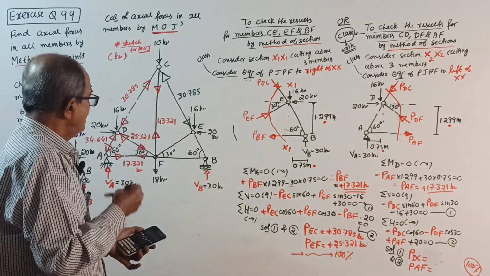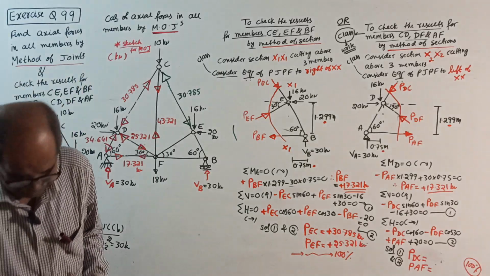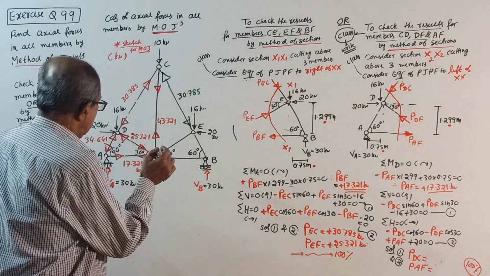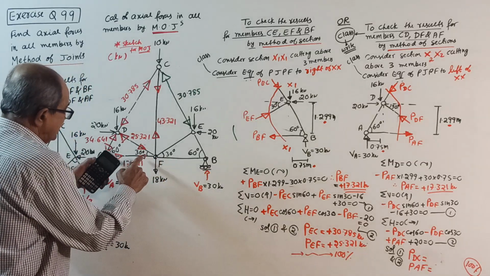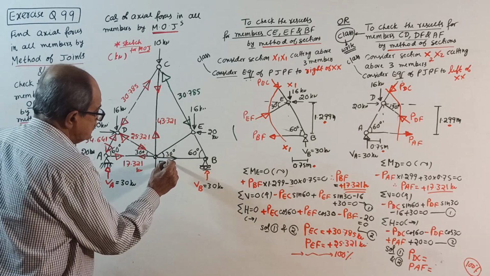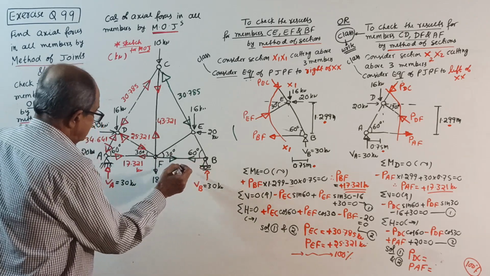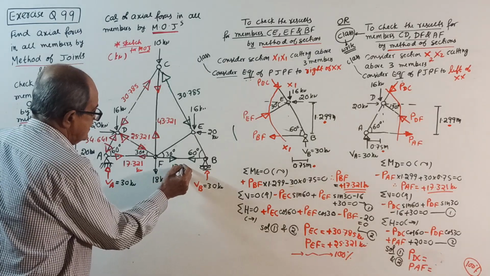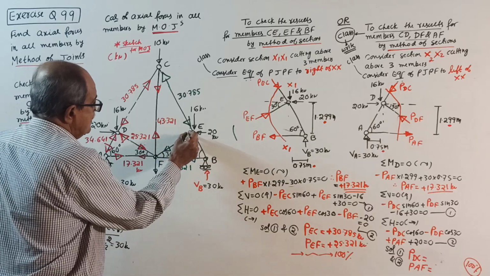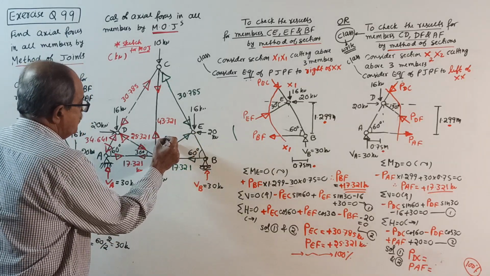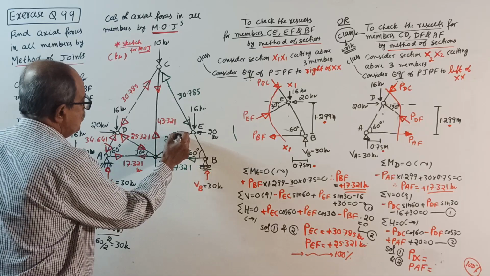Now do one thing. Using symmetry, write the answer. Green color. Whatever here, same here. See, same nature. This is in tension. This also in tension. 17.321. This way means this way. 25.321 is here.